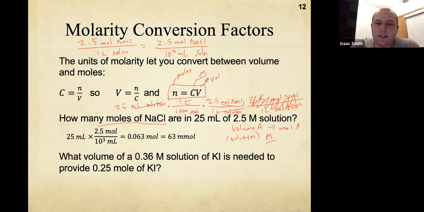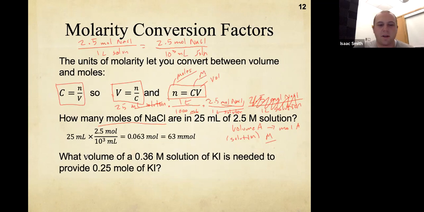Or if you just want to use the formula, you take the molarity times the volume, but you have to make sure the units match in order to get the moles. You can use any of these 3 equations if you want to memorize all 3 or 1 and learn how to rearrange them, they're all the same thing, just rearranged like with algebra. I think it's easier to just think of it in terms of units.